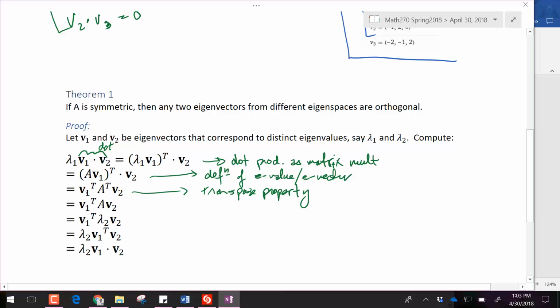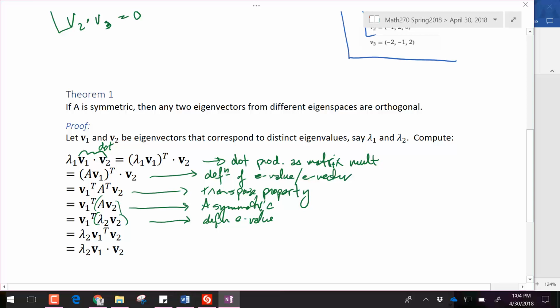And then now with associativity, you can attach, well, before we attach, A is symmetric. So the transpose of it should equal A itself, right? And then we can use this definition of the eigenvalue again to change your matrix to lambda.